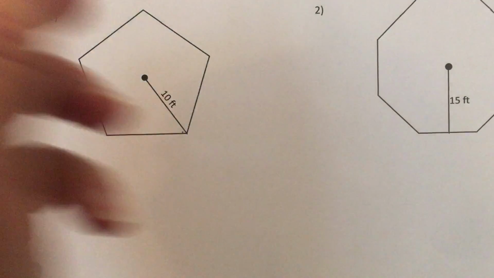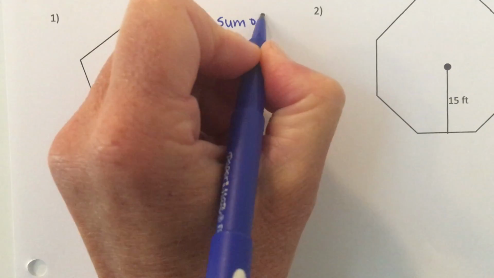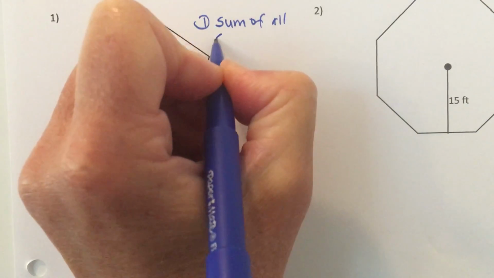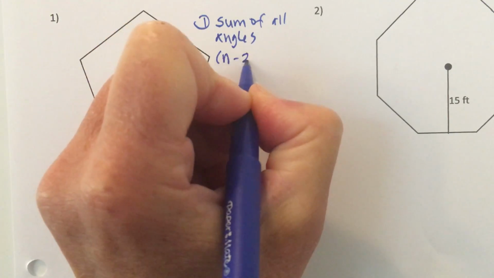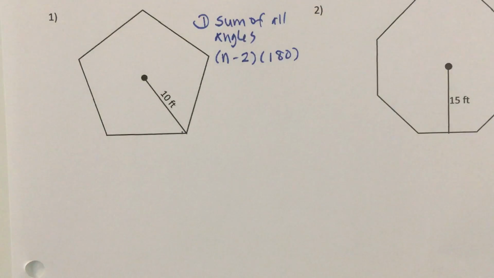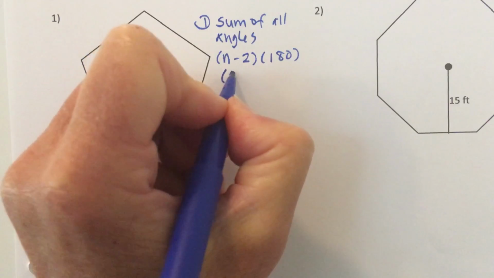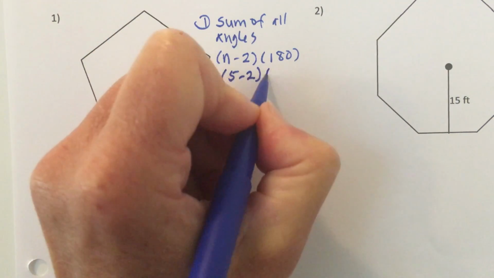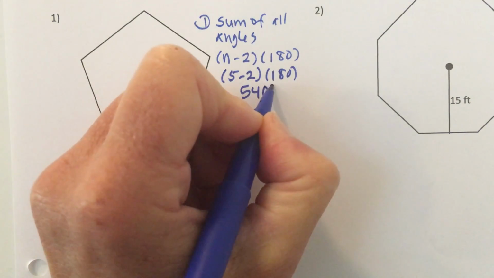The first thing you have to do is find the sum of all the angles. Remember, the formula for that is the number of sides minus 2, times 180. That's the first step you're always going to do. This one has 5 sides, so it's 5 minus 2 times 180. 3 times 180 is 540 degrees.